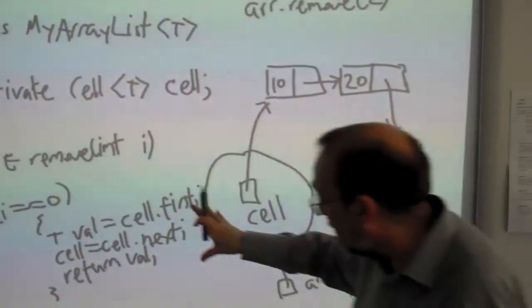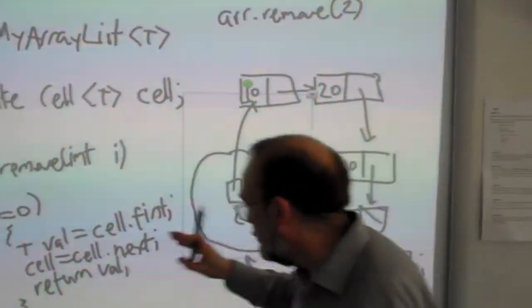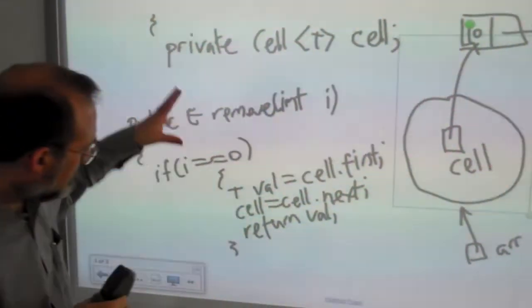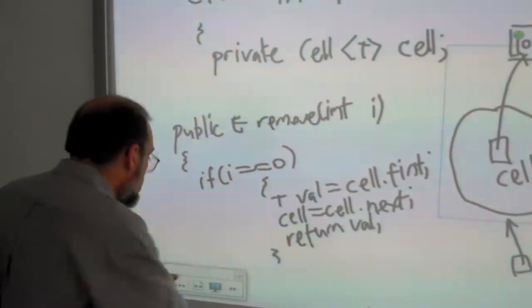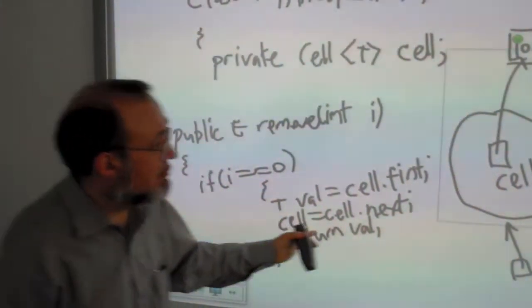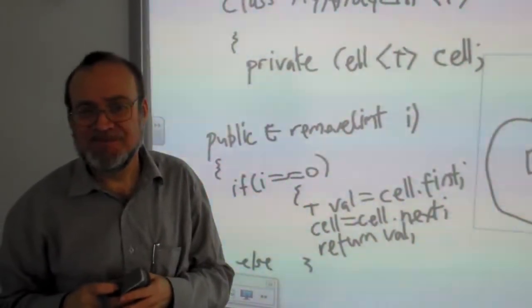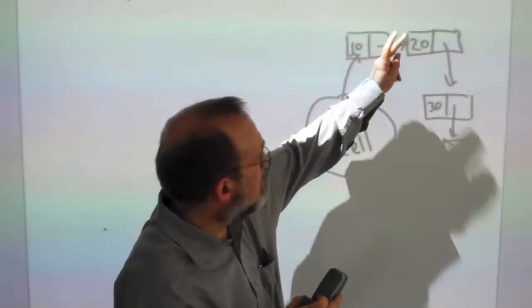Now, that's the case where we're removing the first item. Now we want to remove a later item, so else, and then we'll carry on with how to remove an item which is later in the list. Now let's consider we want to remove the element at position 0, 1, 2.